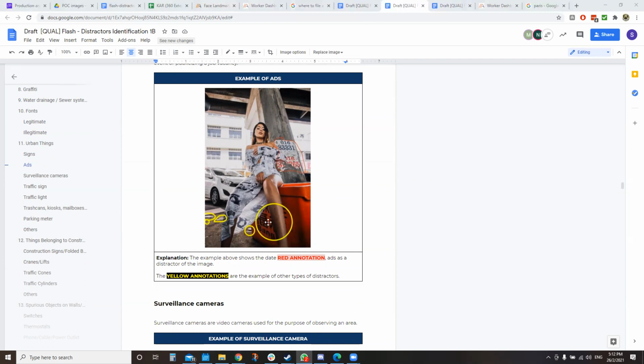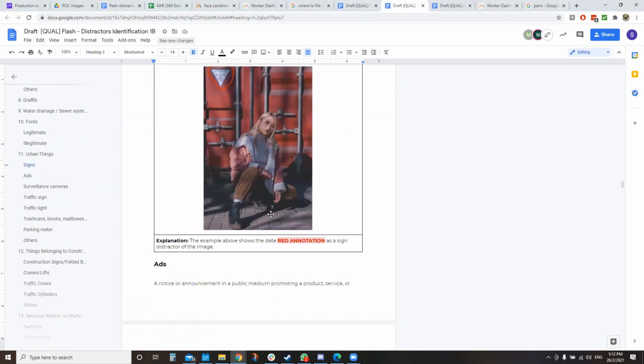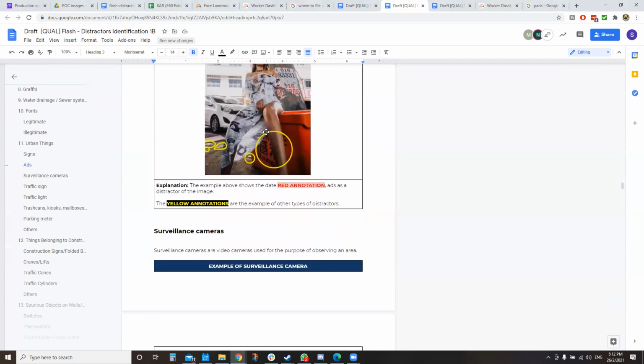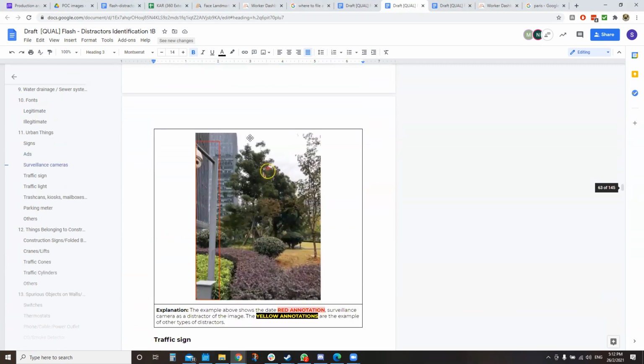This one would be signs, I think. Or graffiti. It can be signs. Is it a sign? Yeah, it's a sign. This one, sign. This one is advertisement. That's in the surveillance camera.